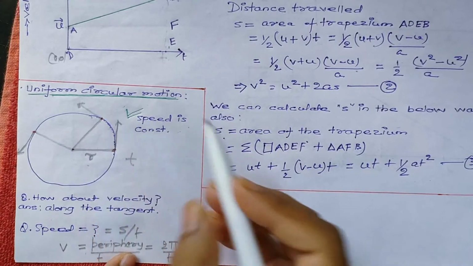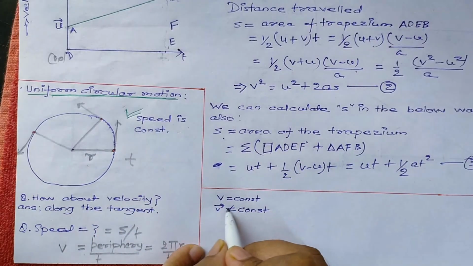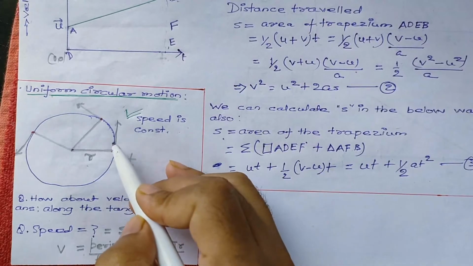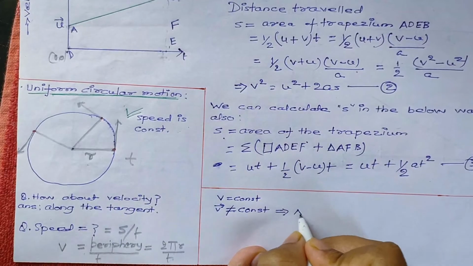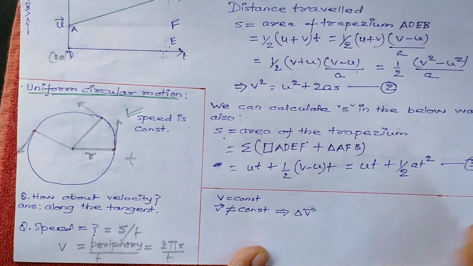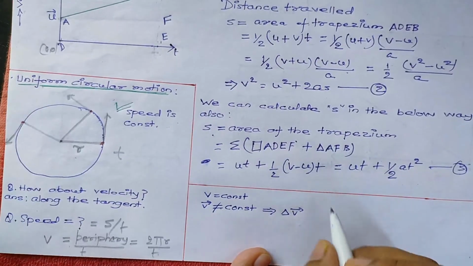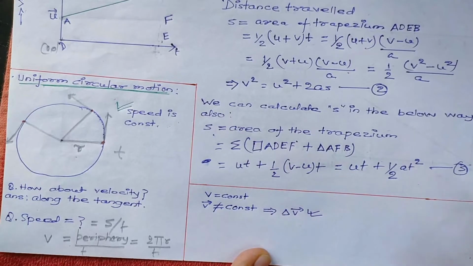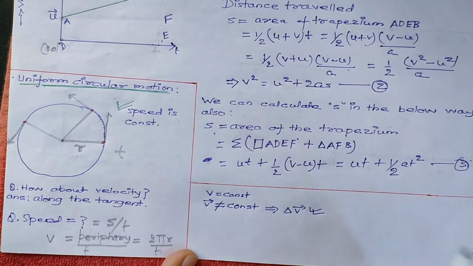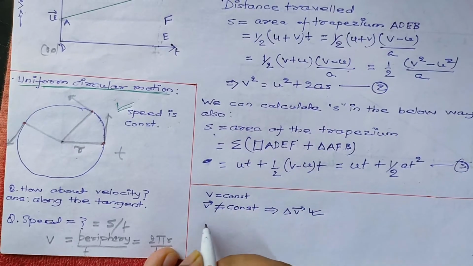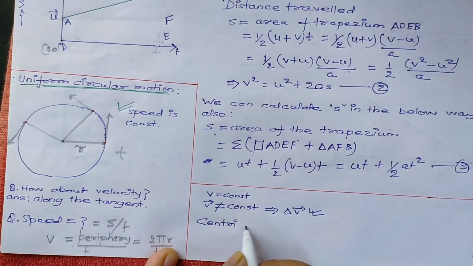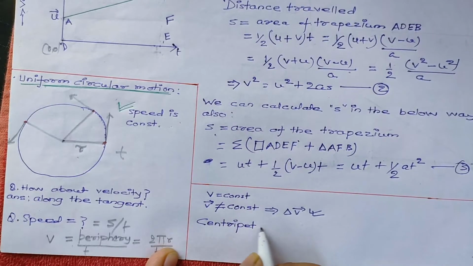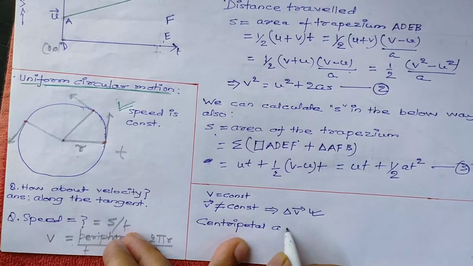Since velocity keeps on changing at every point, there exists a gradient of velocity over a period of time, delta t. So we can say there is an acceleration. This particular acceleration is called centripetal acceleration.